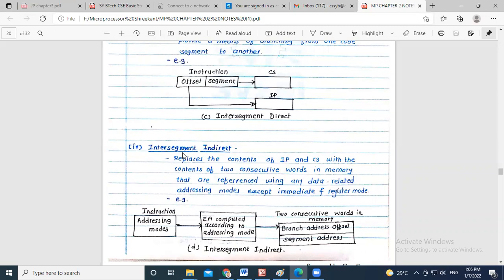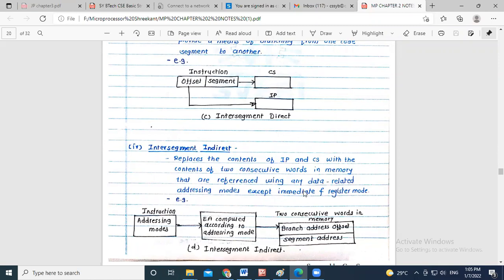For that, in the indirect, which is outside the memory, the instruction addressing modes have the effective address computed according to the indirect addressing modes, with the branch address offset and segment offsets, or the segment addresses consequently. That's what we have to say. Intra segment indirect relative addressing modes.